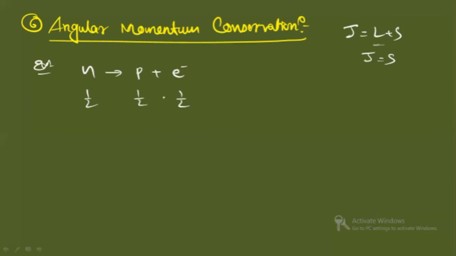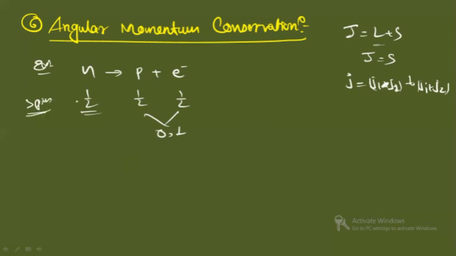So this is J and this is also J. For the resultant you will find J ranging from J1 minus J2 to J1 plus J2. This is very simple, you have done it multiple times. So half plus half is 1, and half minus half is 0.